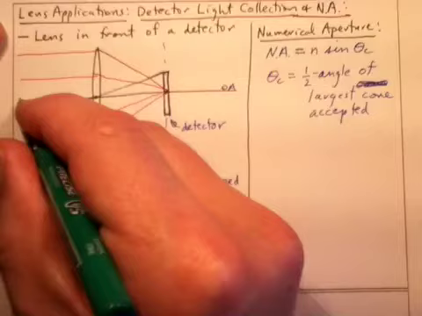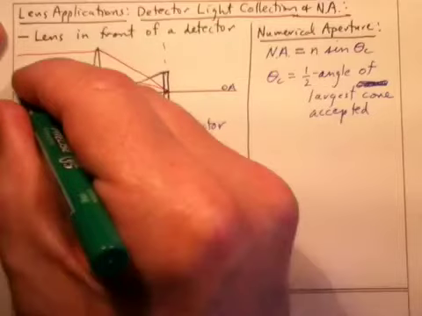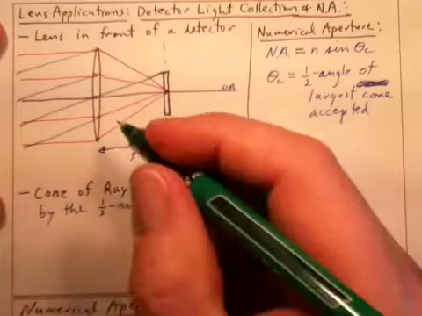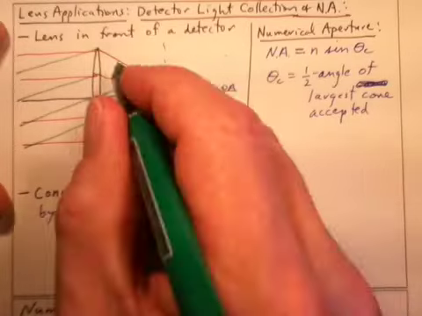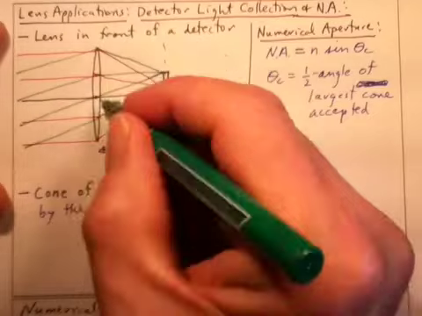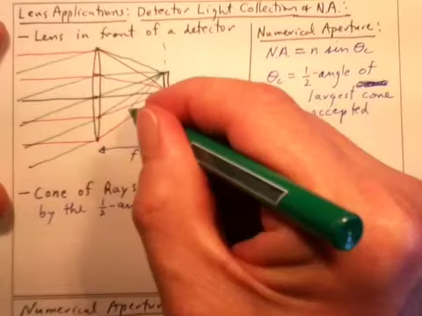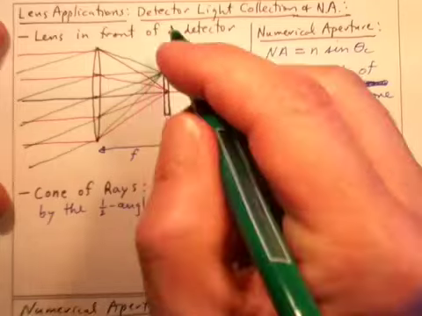So I can draw some rays parallel to it coming in, and these rays will all be brought to a focus at the edge of that detector. Here's another one. Okay, so the reds have been brought here.